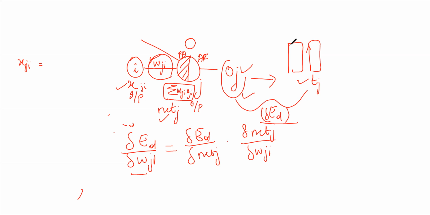I've already calculated this part, which is nothing but ed. So from ed, with respect to what should I do? Ed with respect to the pre-activation, which is the summation of wji into xji, which is nothing but net j. So I'm going to write ed with net j, and the next, into this net j, whatever value I got with respect to the weight, this part.